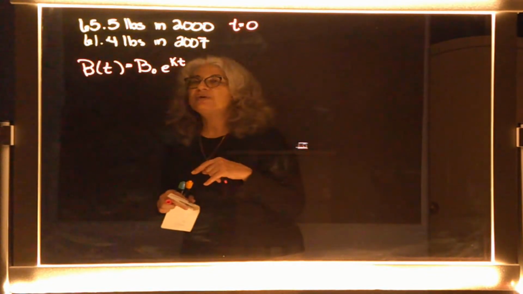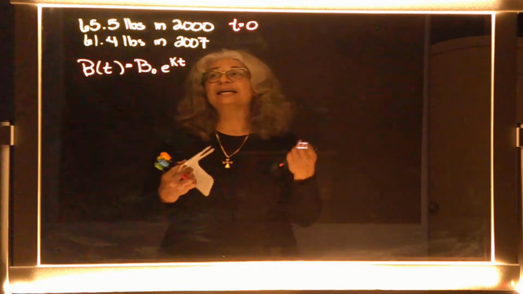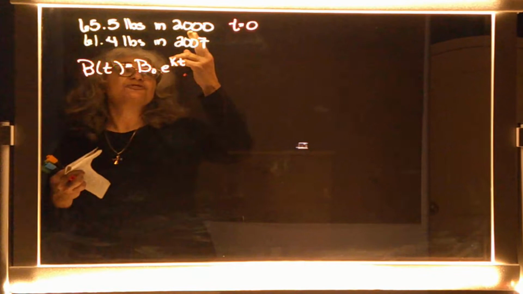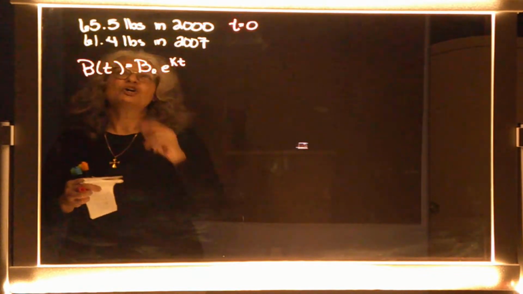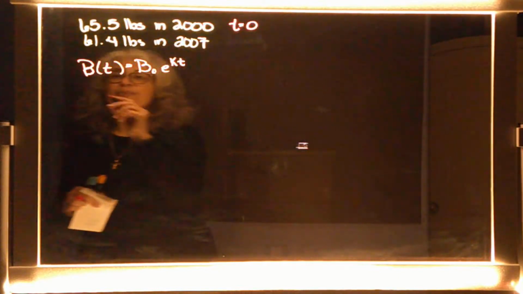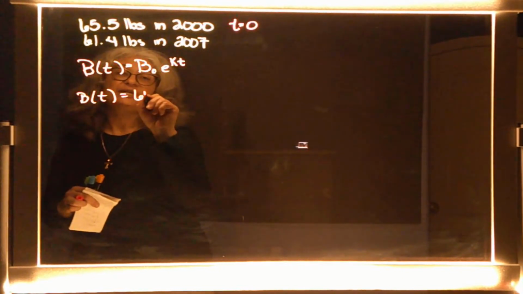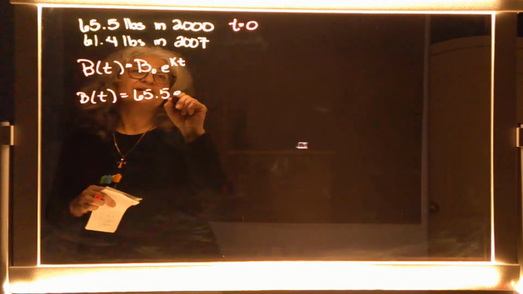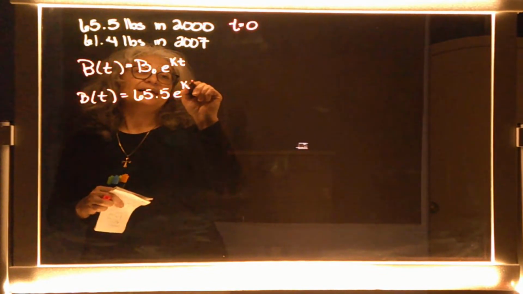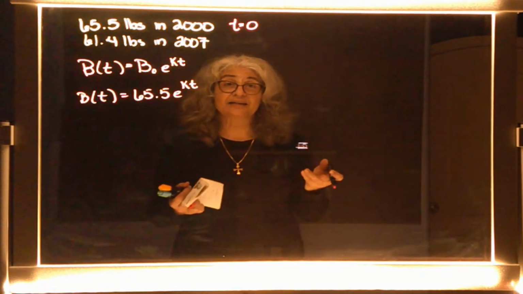All right, so here's the deal. What do we know? Yeah, we actually know that in year 2000, t is 0. So what does the 65.5 represent? It represents the initial amount. Excellent. So I know the initial amount is 65.5 at time is 0. What I don't know is the k.